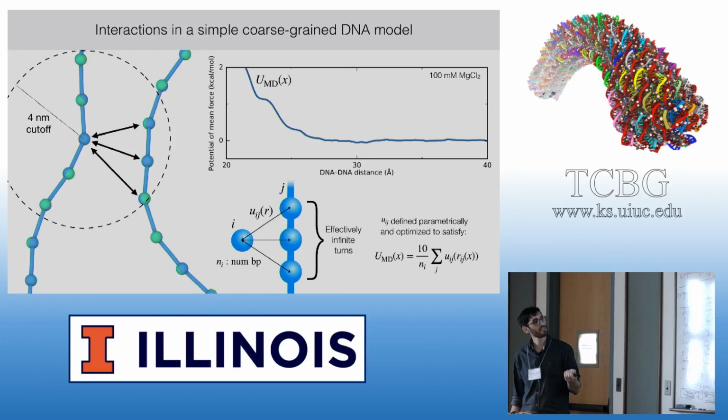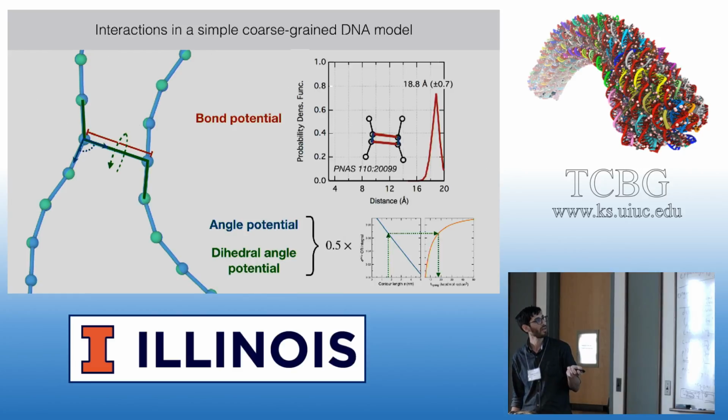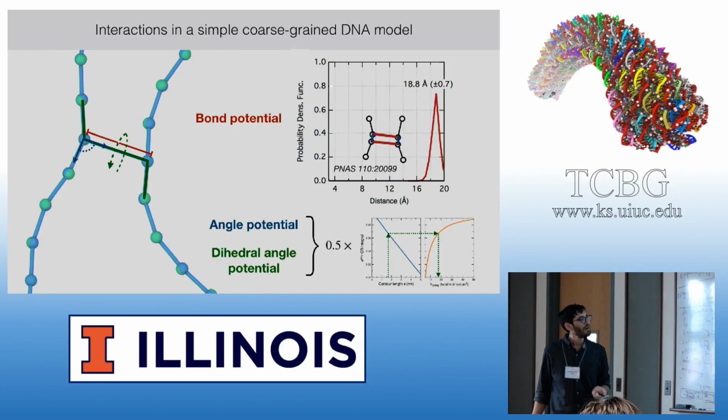Okay, so then to construct DNA origami, you have to have crossovers. So we model those with a harmonic bond that's derived to match the distribution of distances between the bases involved in crossovers that we've seen from our all-atom simulations.